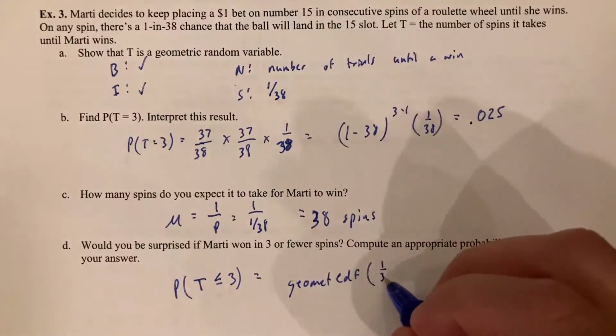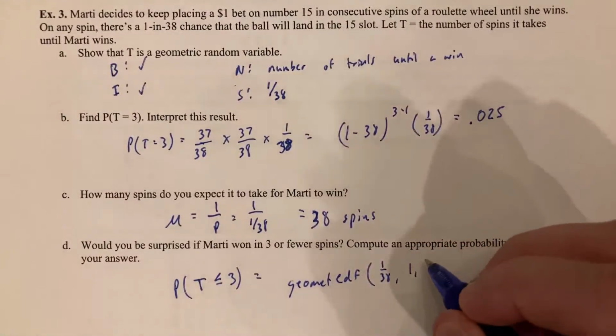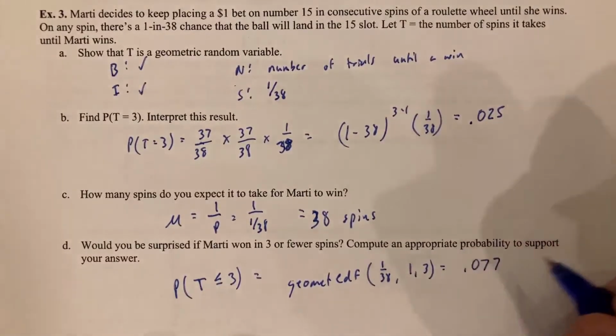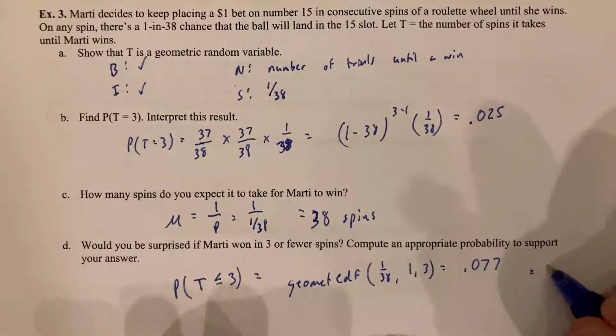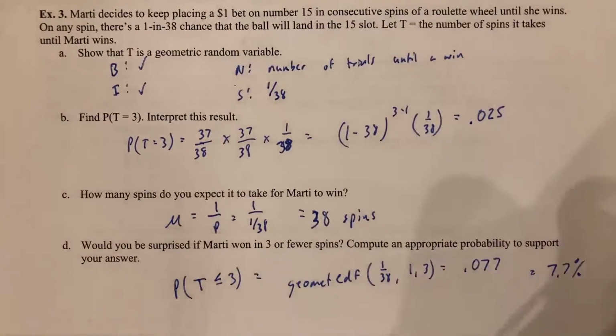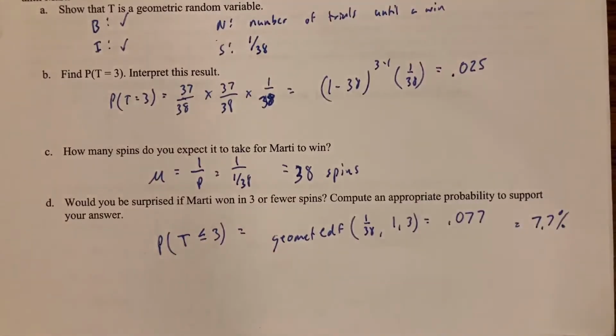I'm going to use 1 over 38, 1, and 3, which is 0.077, about 7.7%. So you've got a 7.7% chance of spinning that 15.